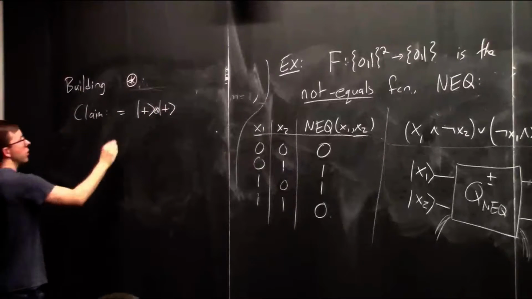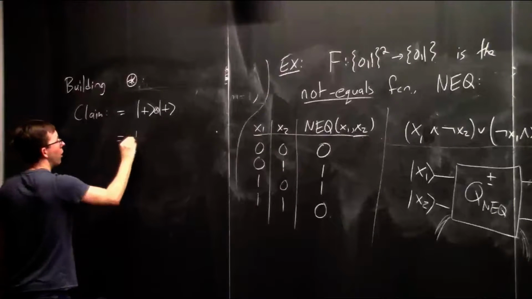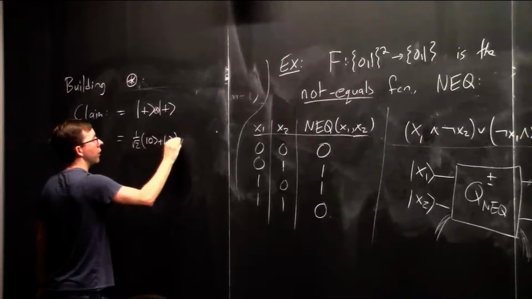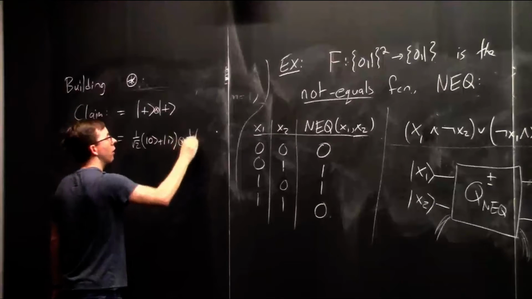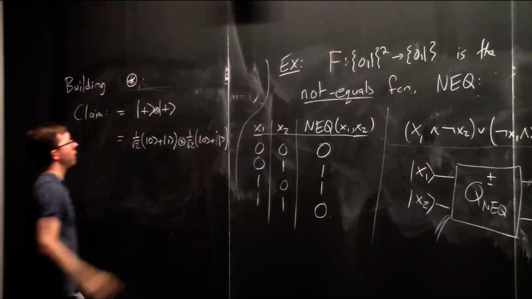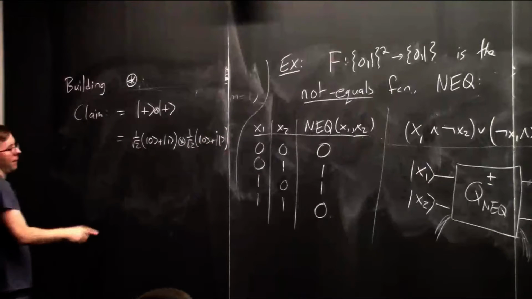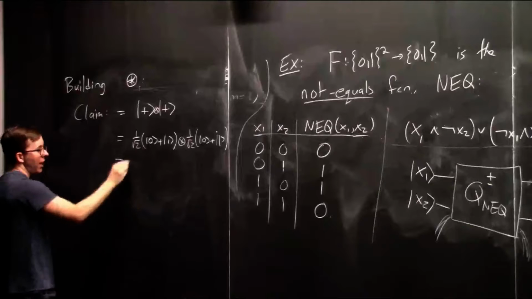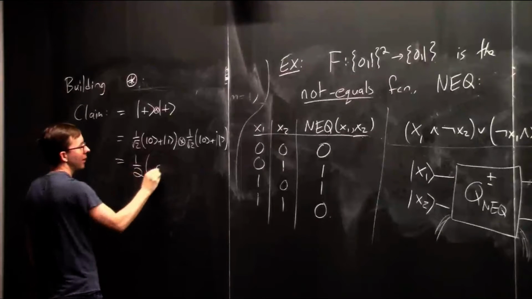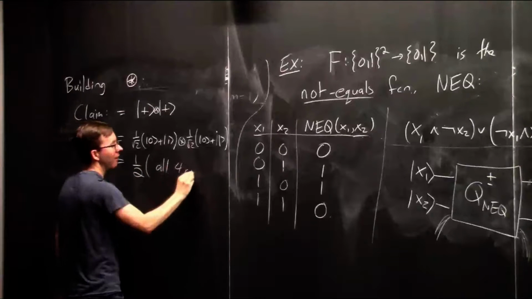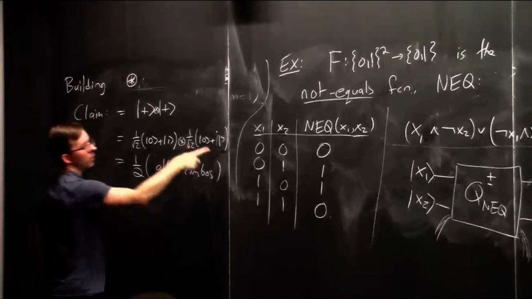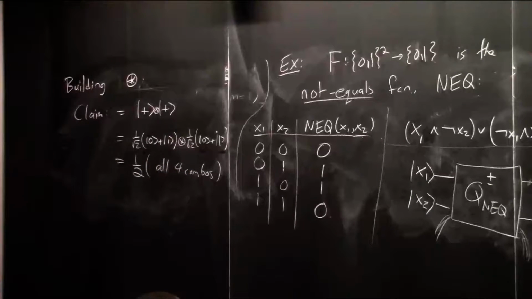Right, because, well, let's just write this out. 1 over root 2, 0 plus 1, tensored 1 over root 2, 0 plus 1. And if you multiply this out, you FOIL it like high school algebra, you get half plus all 4 combinations: 0, 0, 0, 1, 1, 0, and 1, 1. So that's equal to the uniform superposition.